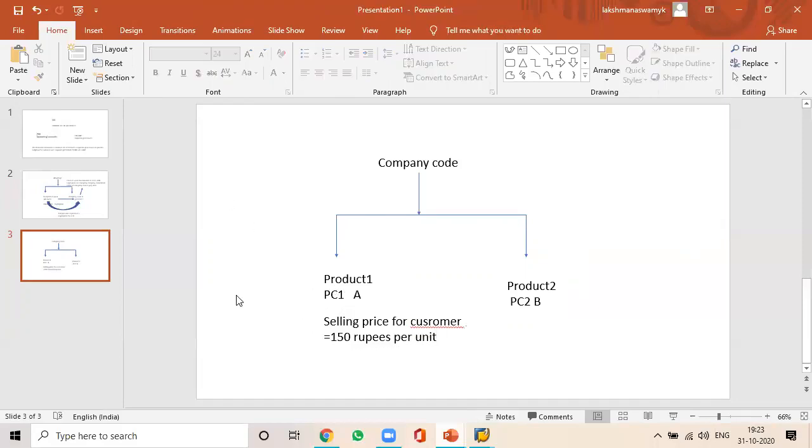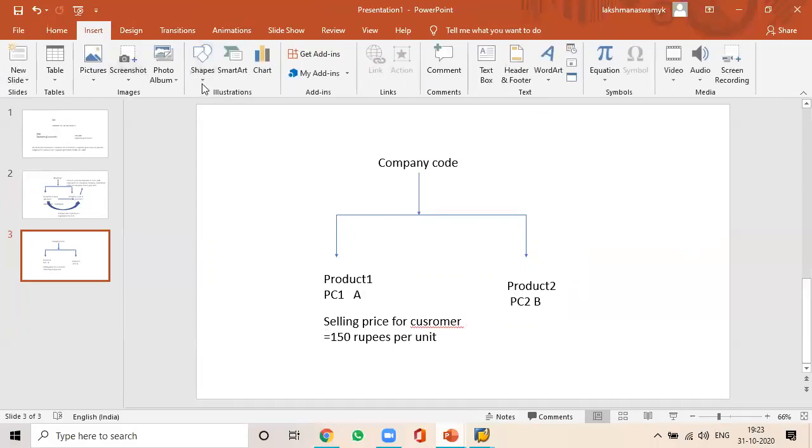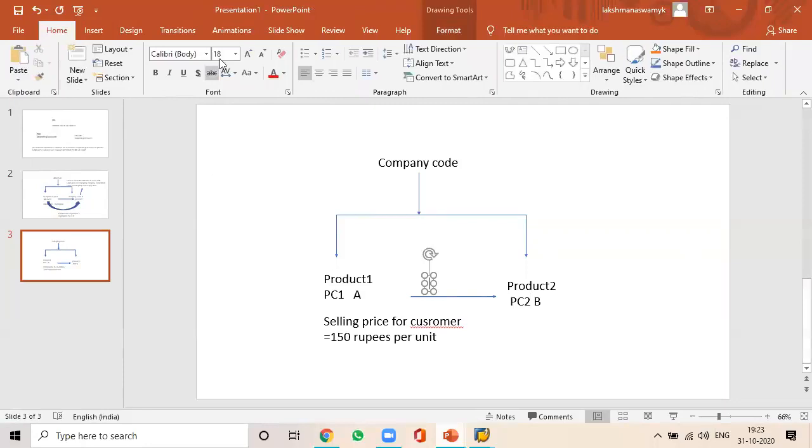Now, product 1 is also used as a raw material in the product 2. Now, this person A also has to supply this product 1 to product 2 responsible person B. Then at what price does A have to charge B?